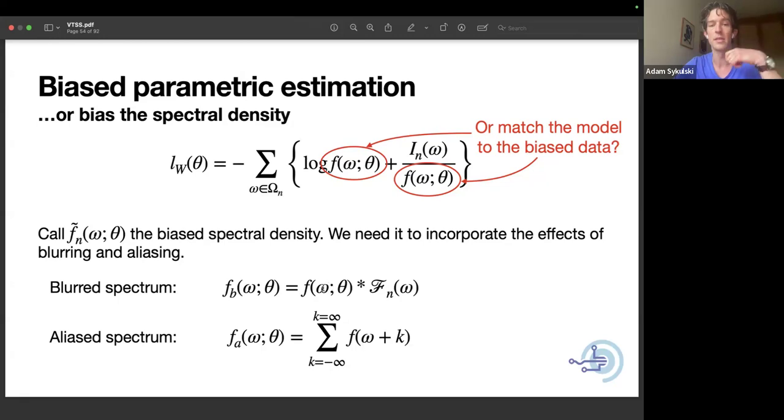And you could try to correct for these things numerically by approximating this infinite summation, approximating this convolution, but these things are very numerically expensive to do. But it turns out there's a trick.